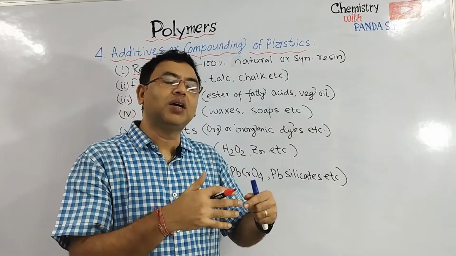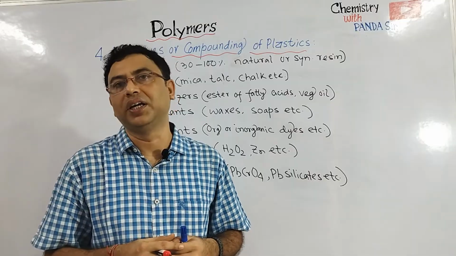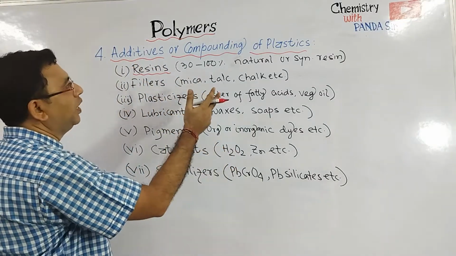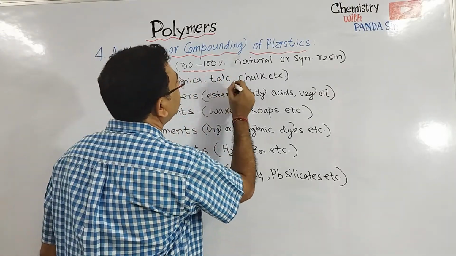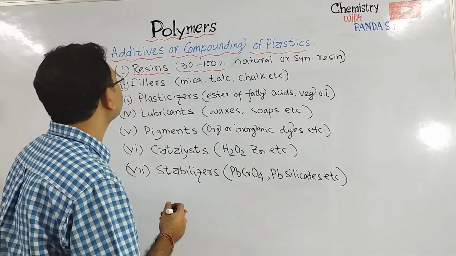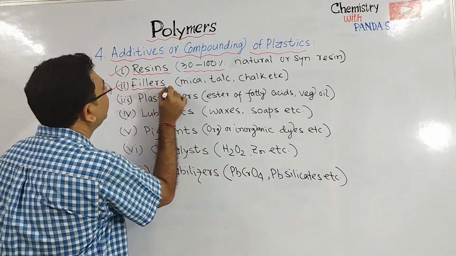If the resin has a high thermal stability, then the plastic also shows high thermal stability. The mechanical property too. So resin is the main ingredient in the plastic, and it should be. And how much? Almost 30 to 100% natural or synthetic resin we can use. If I go for the second one, after the first one, the second one is the fillers.